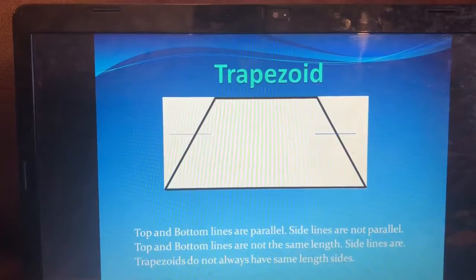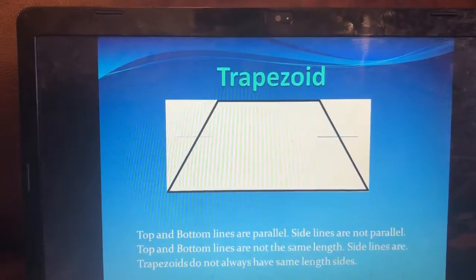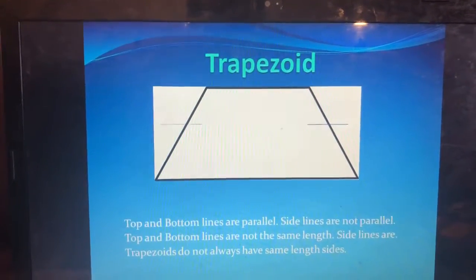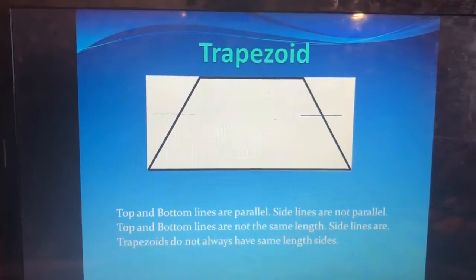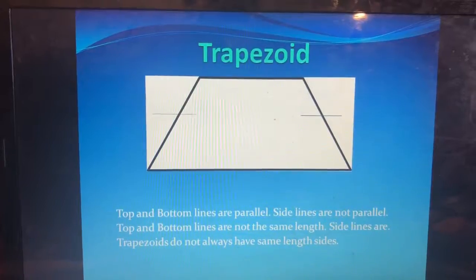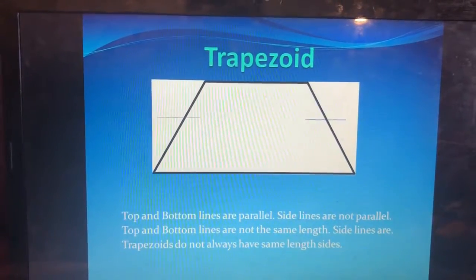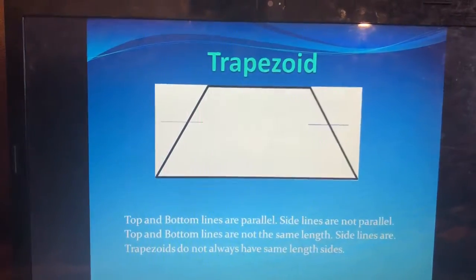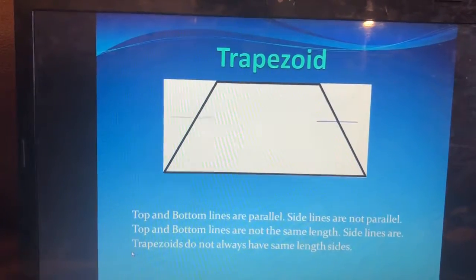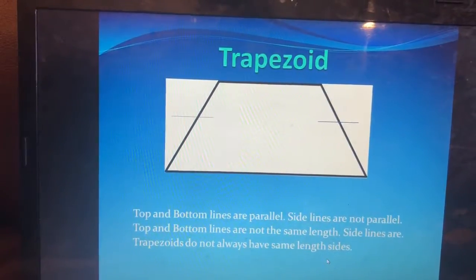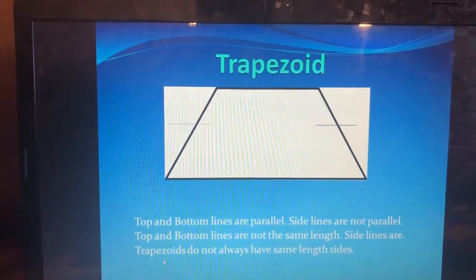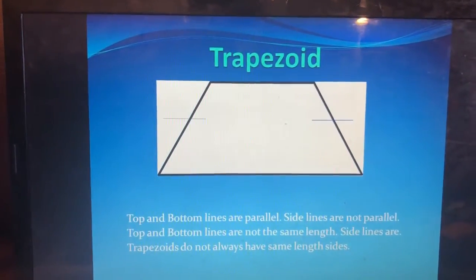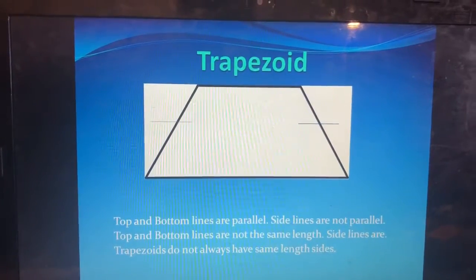So the top and bottom lines are parallel, but the side lines are not parallel. The top and bottom lines are not the same length, but the side lines are. Trapezoids do not always have same length sides. So that's something to remember for future reference, that trapezoid sides are not always the same, although this example does show the lengths the same.